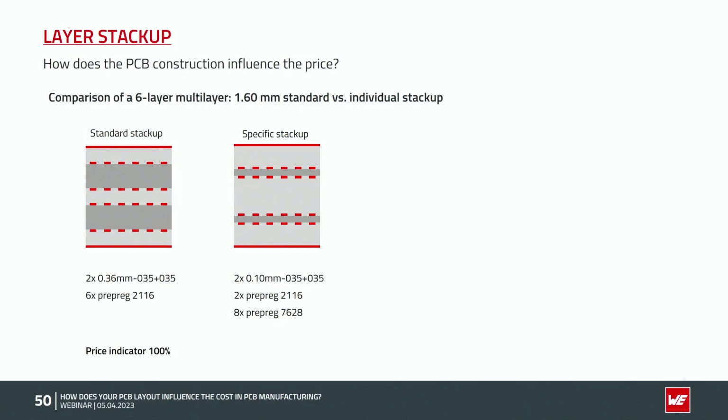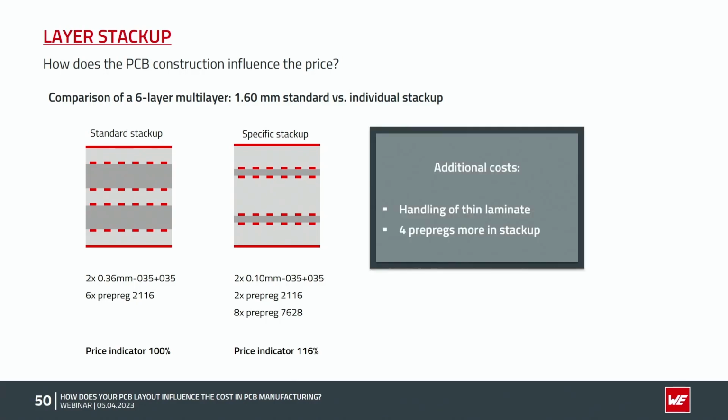So price indicator for the standard stack up is 100%, and for the specific stack up, due to the need of more prepregs and the handling of the thinner inner layer cores, results in a price indicator of 116%. Additional costs, as already mentioned, for the handling of the thin laminates and for the additional prepregs in the stack up.